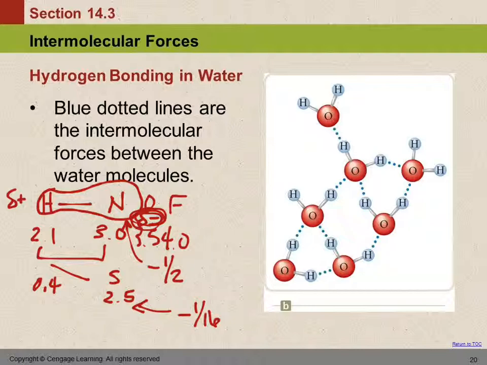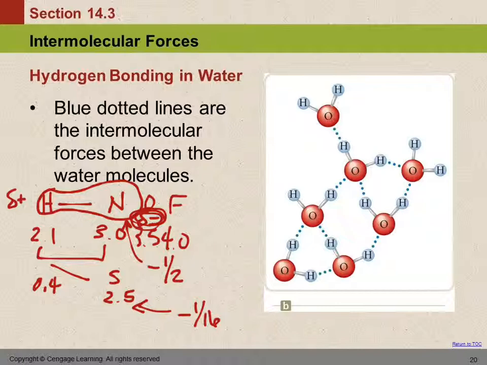Minus 1/16 and plus 1/16 are not going to be as attracted as strongly as minus 1/2 and plus 1/2. Does that make sense? The greater the difference in electronegativity, the greater the polarity.